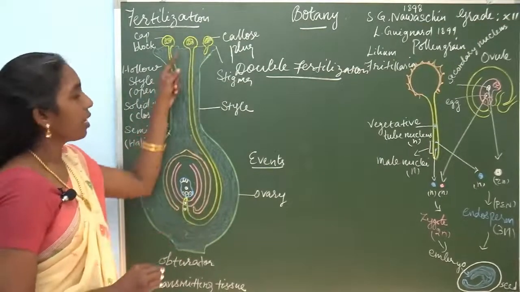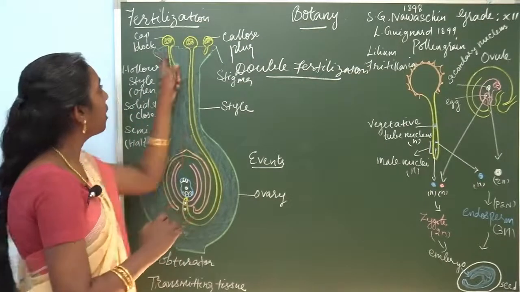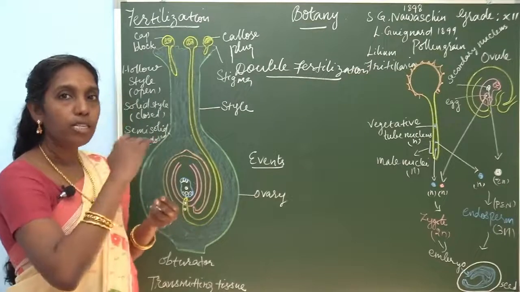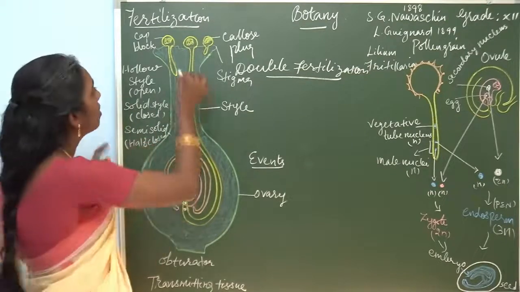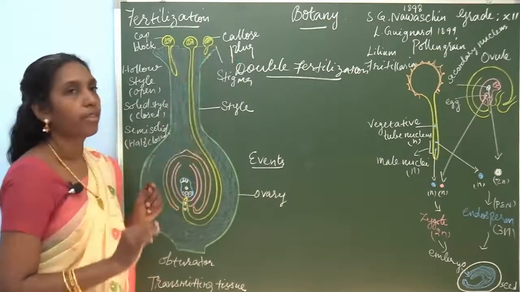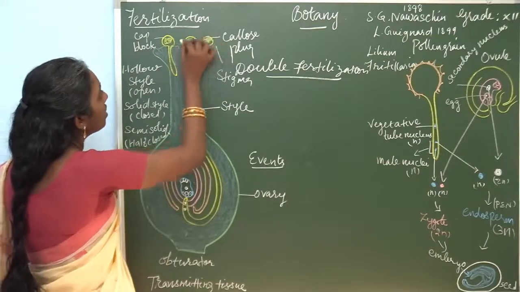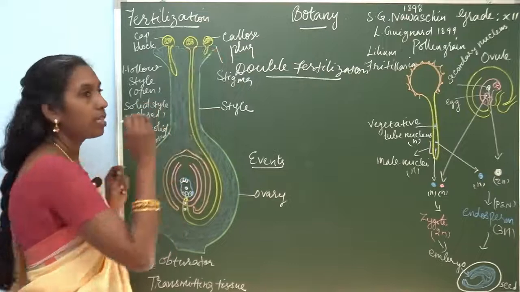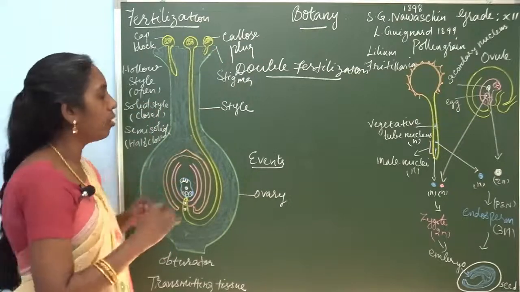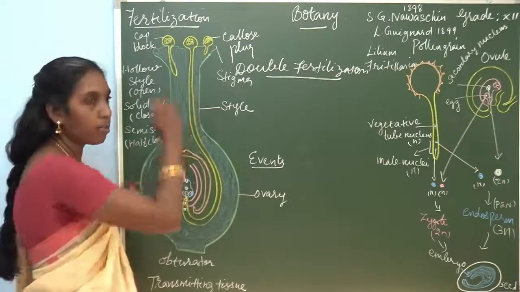Now, the first event is deposition of pollen grains on the stigmatic region. The next event is that on the stigmatic region, the pollen grains start to germinate. So, first there is deposition.